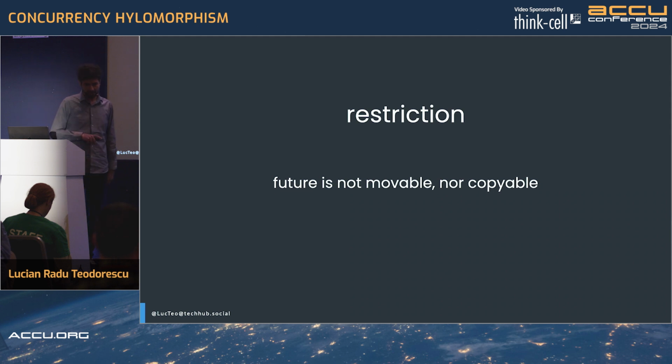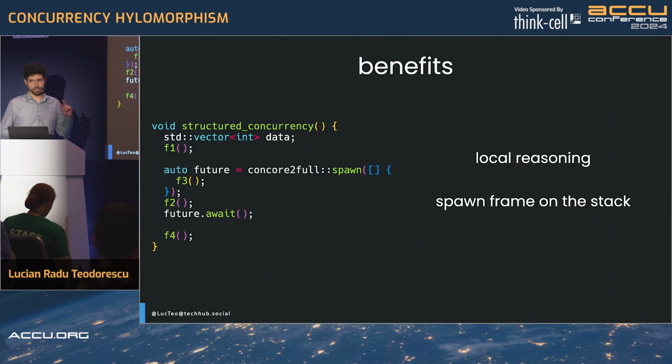But in order to do that, you have one restriction, which actually is a good advantage. The future that you're returning from spawn is not movable nor copyable, right? And because you have that restriction, that helps you in local reasoning, as we saw, and then it also helps you in how you're implementing that.